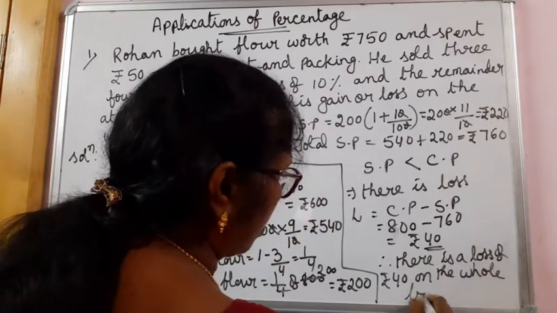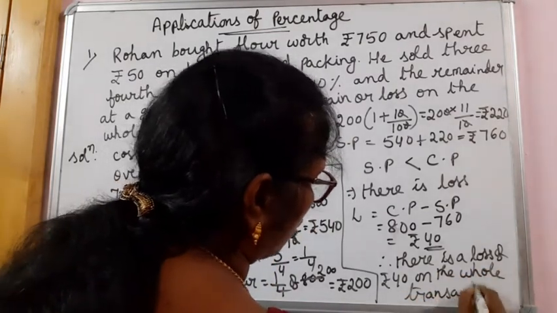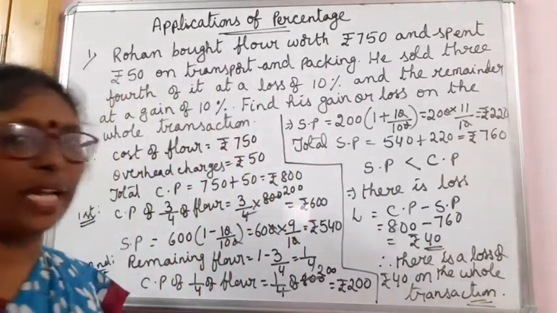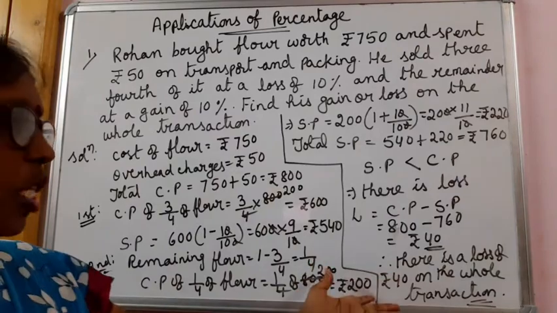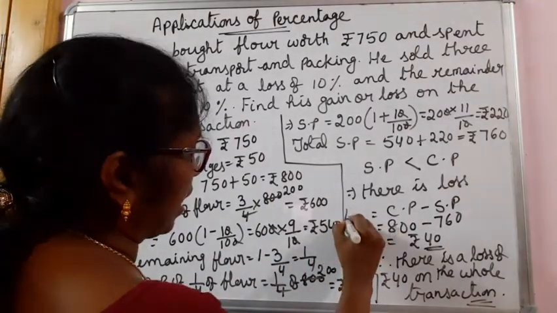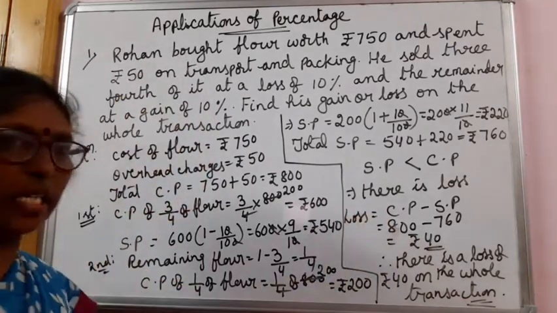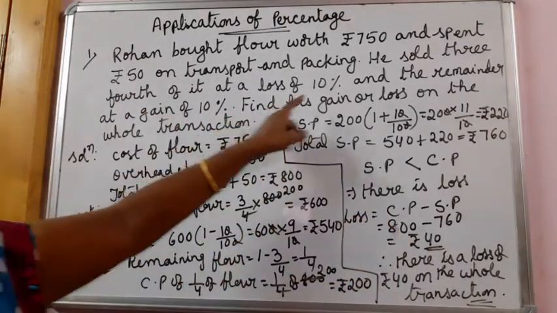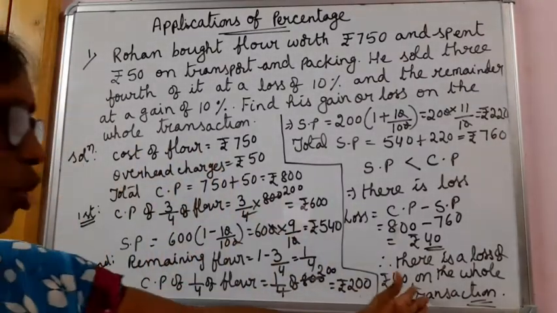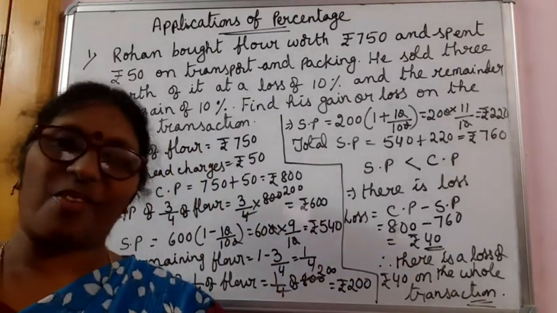That is the question asked. If you had to find the loss percent, then you would take loss by CP into 100%. But in this question, we are asked to find his gain or loss on the whole transaction, so there is a loss of 40 rupees. Thank you.